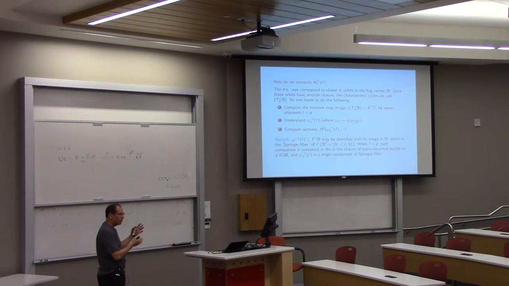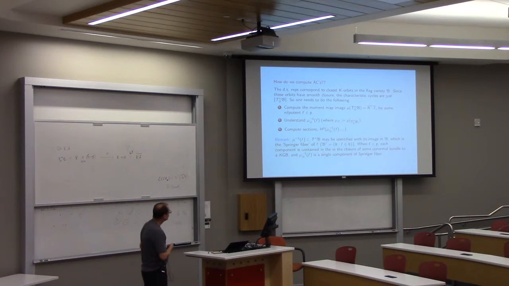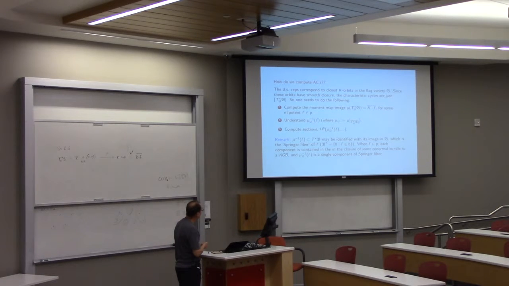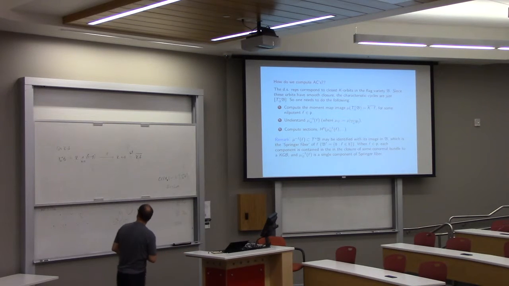And its components are inside the closures of the conormal bundle. Well, at least if F is in P, then the components are inside the conormal bundles. So essentially what we have with our inverse image here, inside the one conormal bundle, is a component of the Springer fiber, or maybe a couple of components.